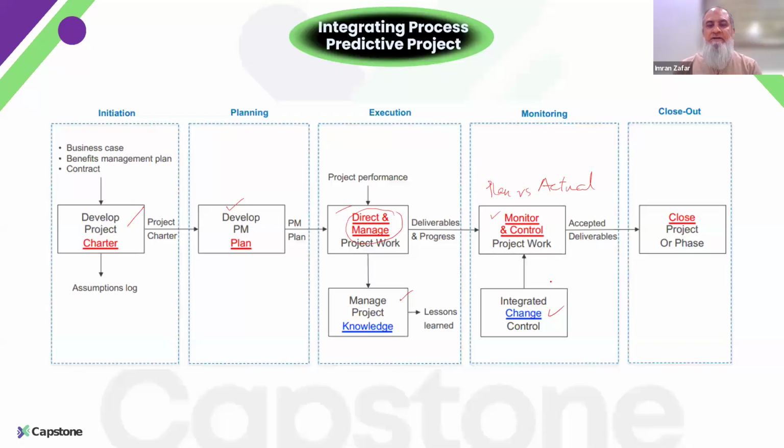We talked about change continuously throughout the session. So for that, we have an integrated change control process, which follows the same methodology that we have discussed already 2-3 times. And finally, once all the deliverables are accepted, we have the acceptance from the stakeholders. So then we go to the close project or phase process, where we finally close out our complete project.